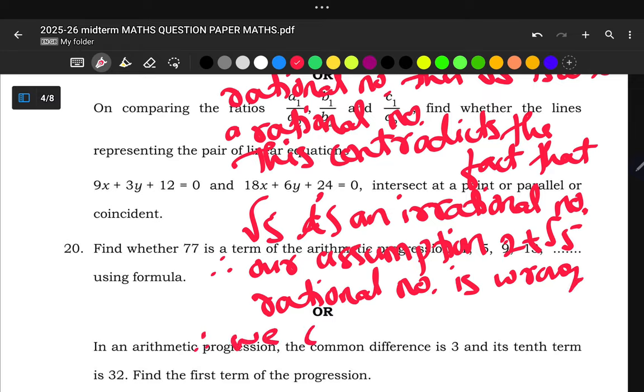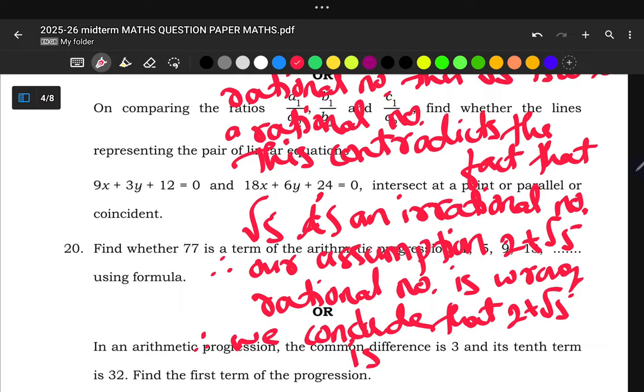Therefore, we conclude that 2 plus root 5 is an irrational number. Yes, like that you have to prove in a simple way.